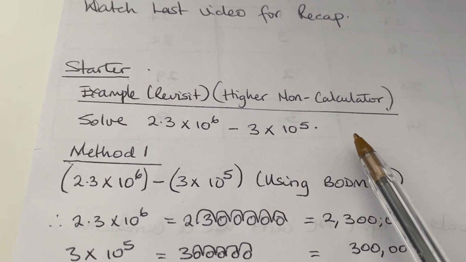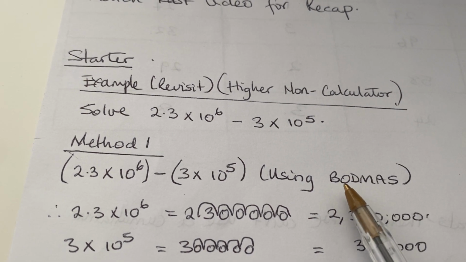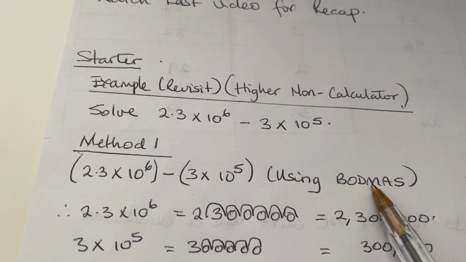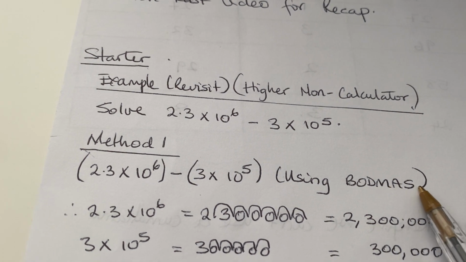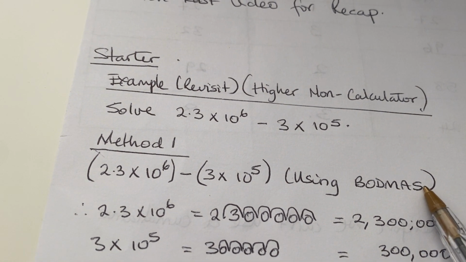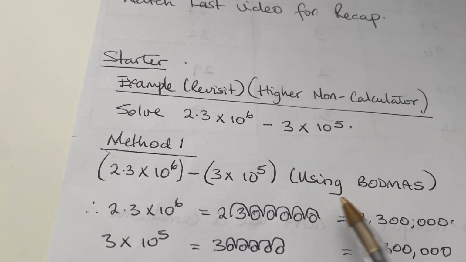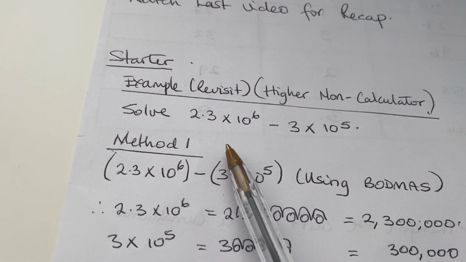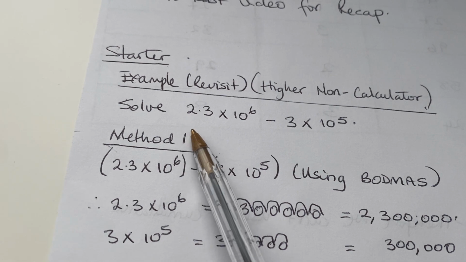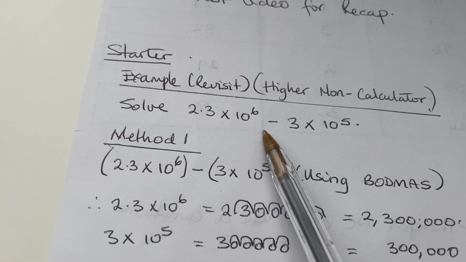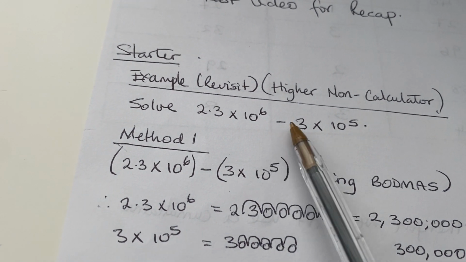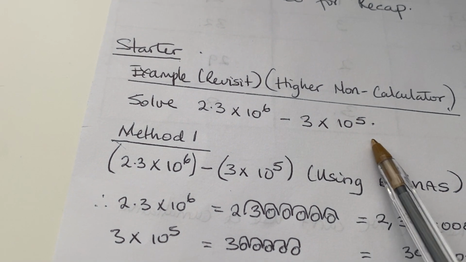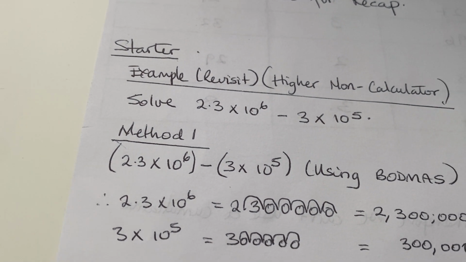Now, using BODMAS here, times comes before subtraction. So what they are telling us here is all this 2.3 times 10 to the power 6 and then 3 times 10 to the power 5.